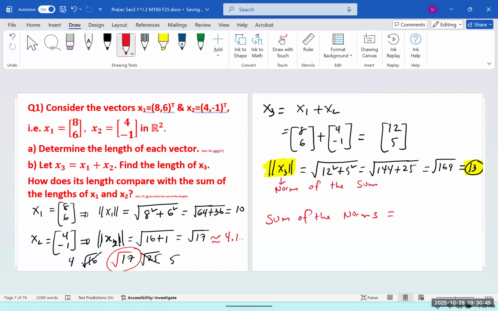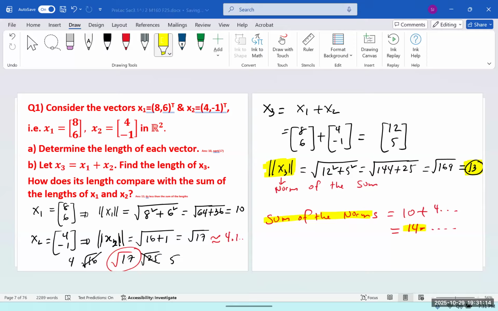What is our first norm? What's the norm for X1? 10. And what's the norm for our second one, X2? 4 point something. So what's the sum? 14 point something. So the sum of the norms is 14 point something, while the norm of the sum is 13.